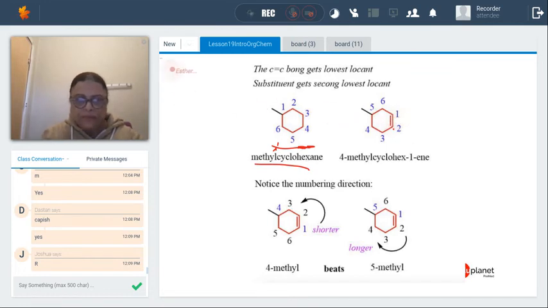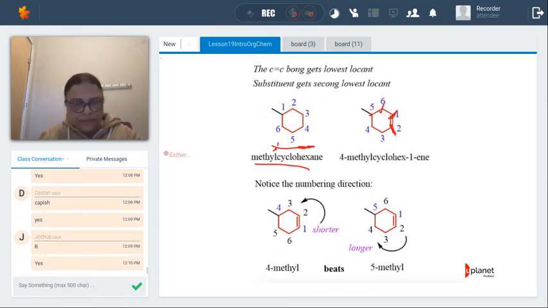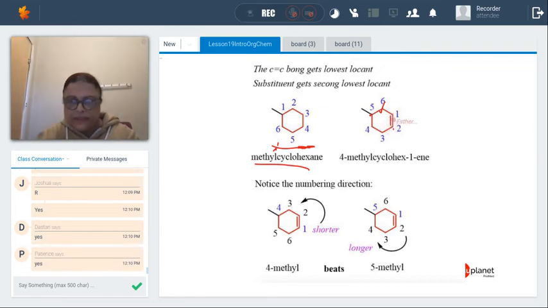Okay, you count the other way around. If you start like this, you also include the whole double bond. Correct? Exactly. So let's look at the new piece of paper and I will explain.